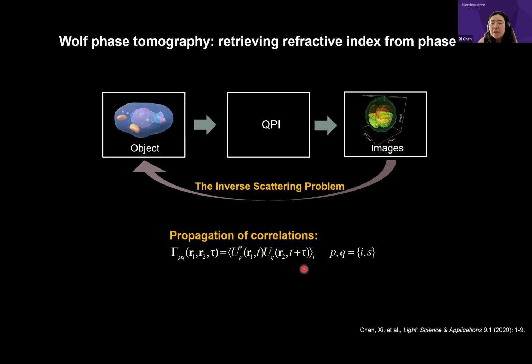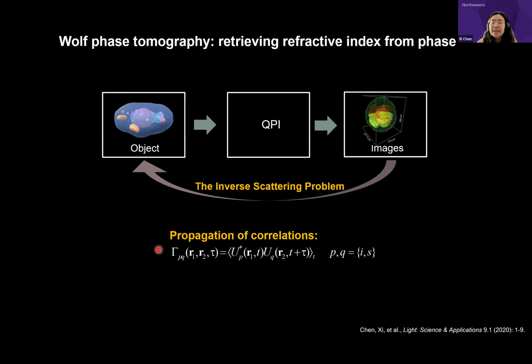So it can be II or IS: the autocorrelation of the incident light, or the correlation between the incident and the scattered light. If we get this gamma term, we can retrieve the refractive index of the object using the WPT algorithm.